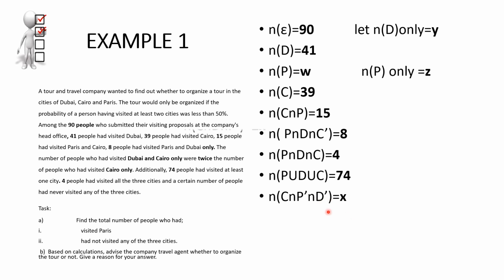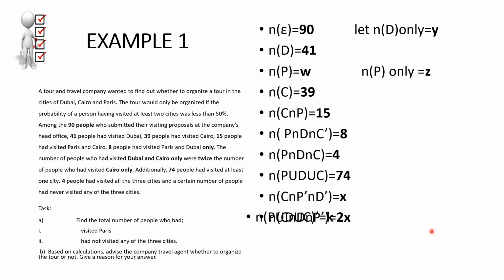So that's why you are seeing me having those who had visited Cairo and Dubai only as 2x. But when I let Cairo and Dubai only be x, then Cairo only is x divided by 2. If I'm twice as old as your age, then it means that you are half of my age. So it depends how you let it.